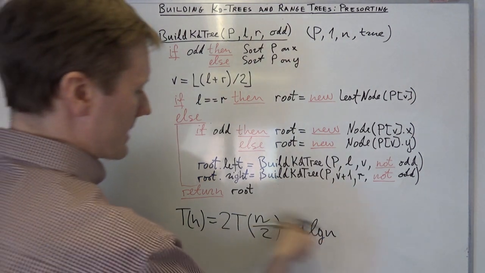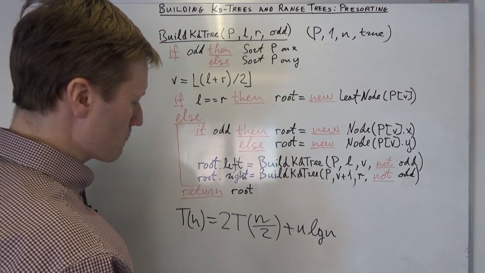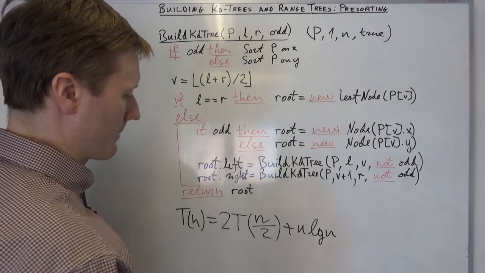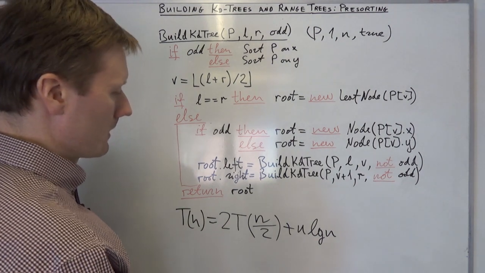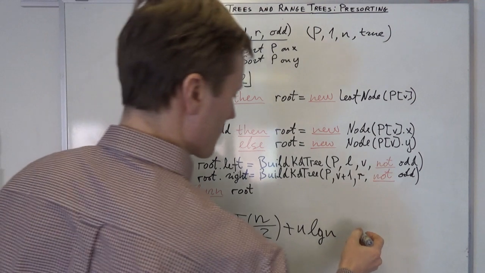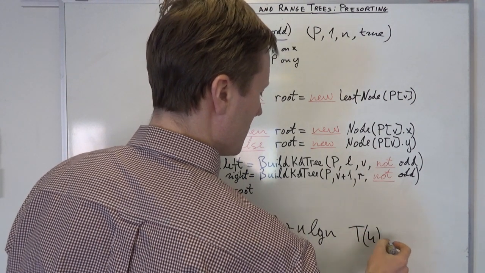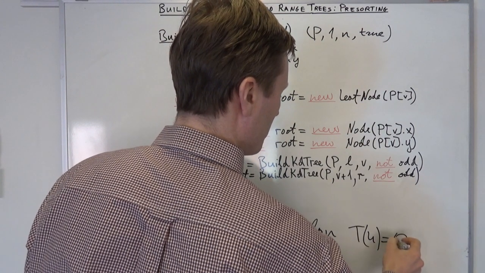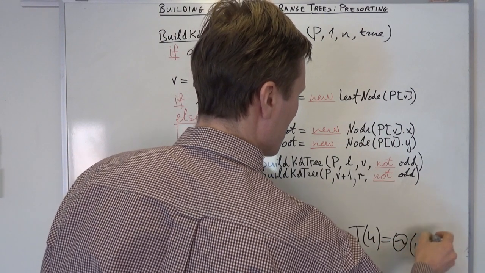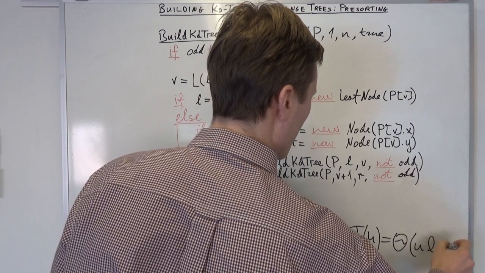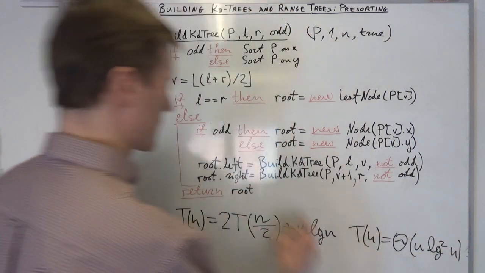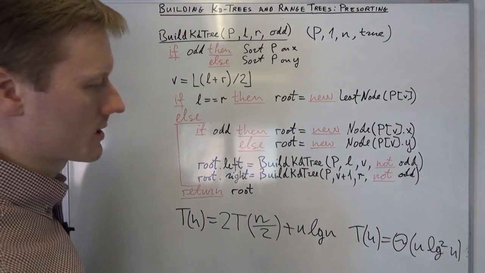So this means that the running time, if we solve this recurrence, turns out to be n log squared n. We solved this recurrence on the blackboard in one of the lectures.